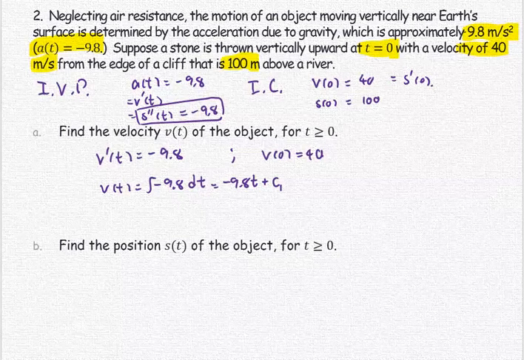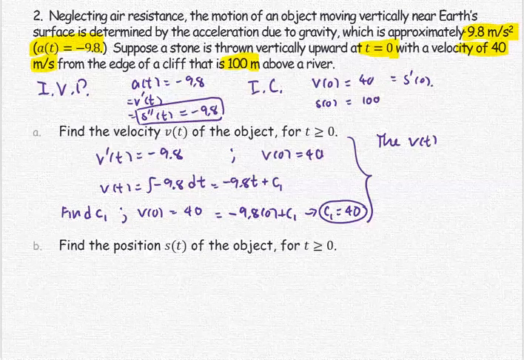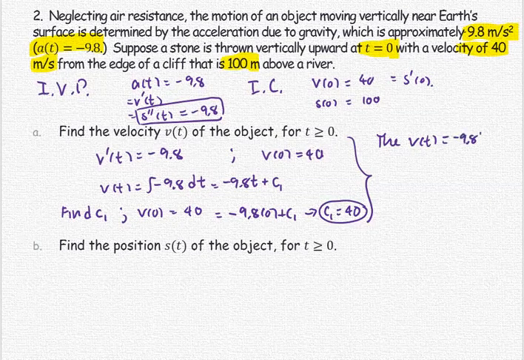As v(t) equals negative 9.8 times t plus c1, we find c1 using the condition v(0) equals 40. Replace t with 0, so negative 9.8 multiplied by 0 plus c1. So we get c1 equals 40. As c1 equals 40, we obtain the velocity v(t) as negative 9.8 t plus 40.